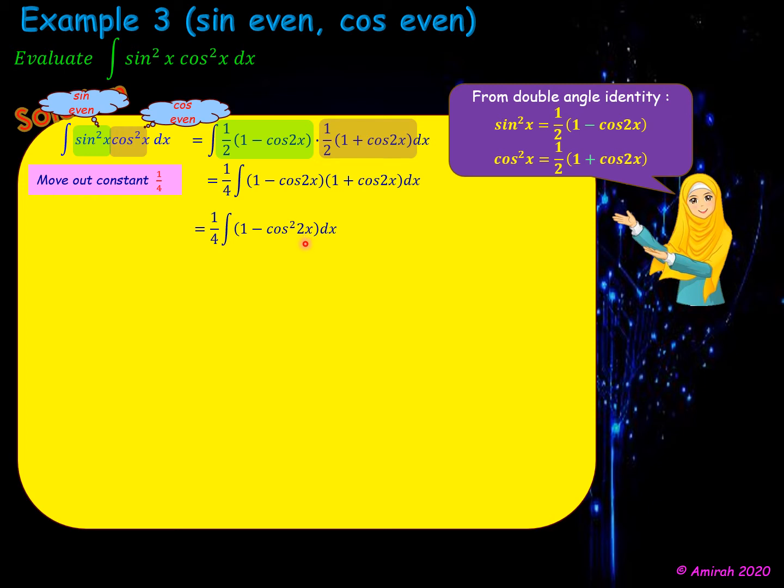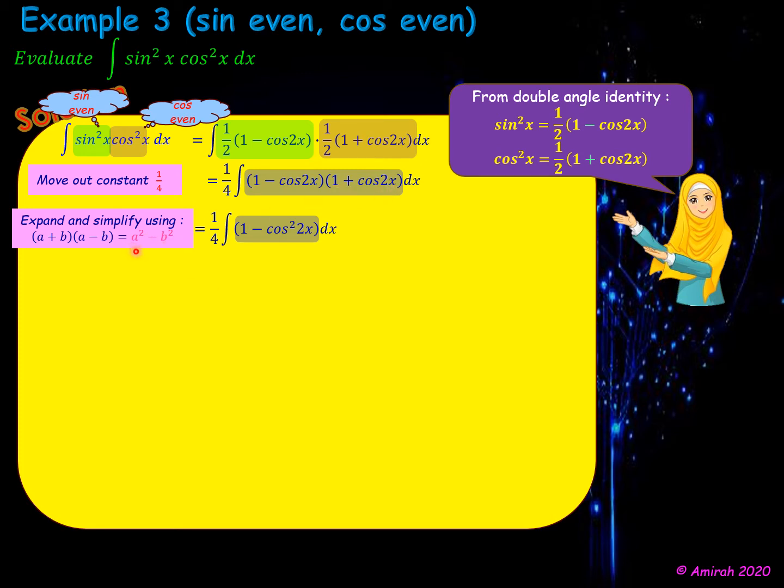Okay, do you know how to expand it quickly? We can expand it using the formula a plus b times a minus b, which equals a squared minus b squared. Now, referring to this formula, our a is 1 and our b is cos 2x.